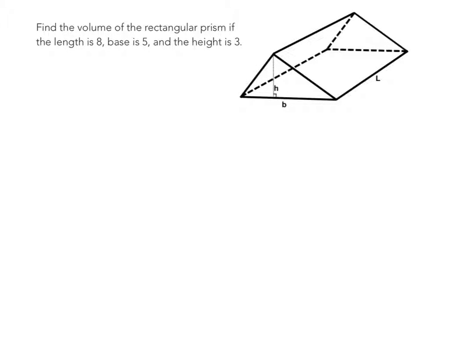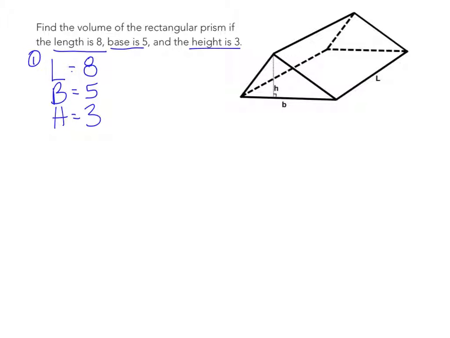Okay, we are going to find the volume of a triangular prism when we know that the length is 8, the base is 5, and the height is 3. So, following our steps, what I first need to do is write down all the important information. So, L equals 8, B equals 5, and H equals 3.